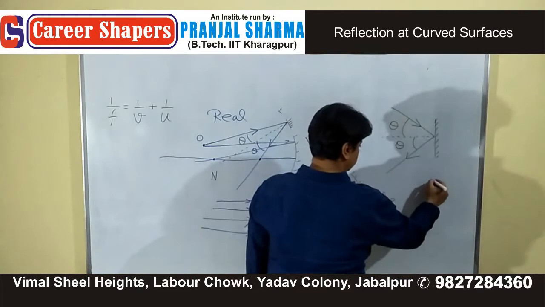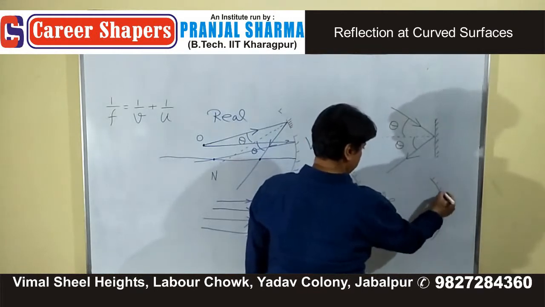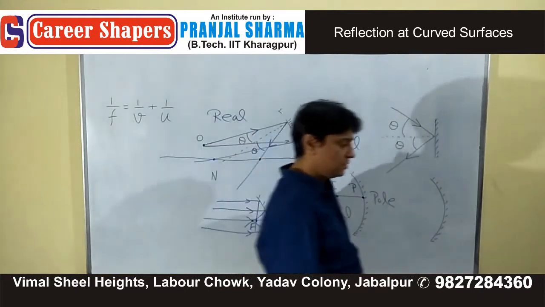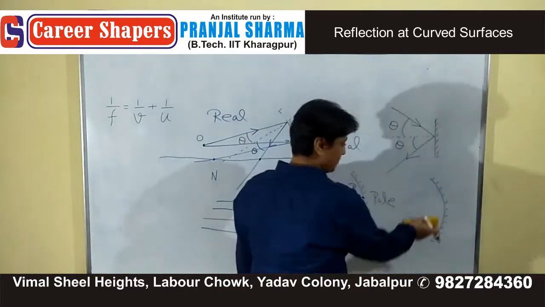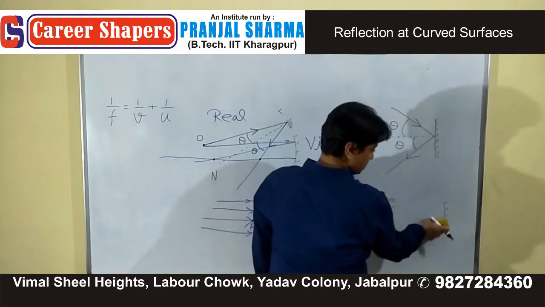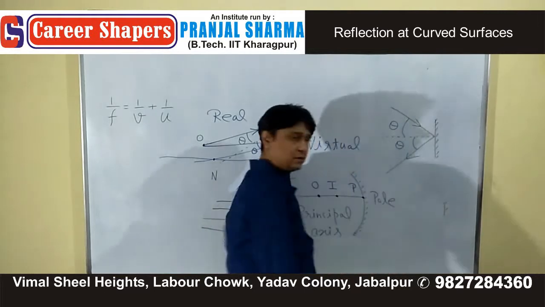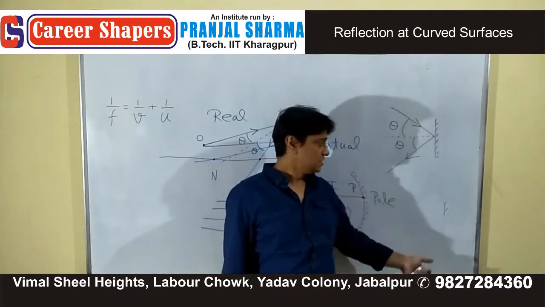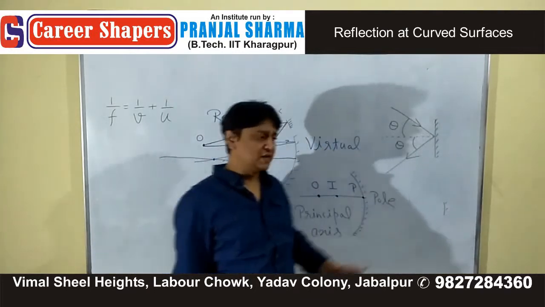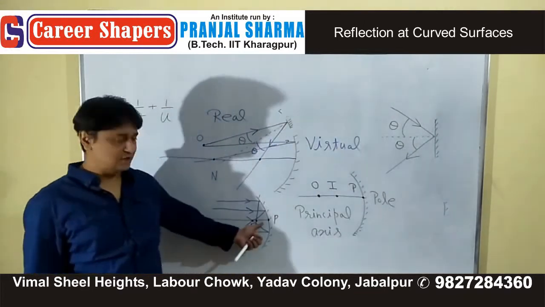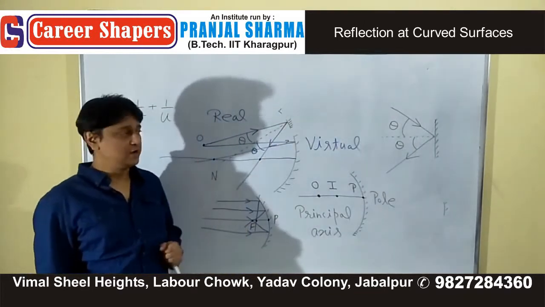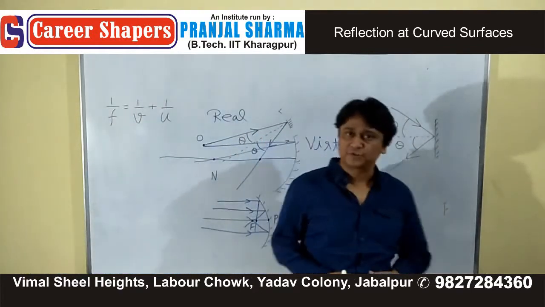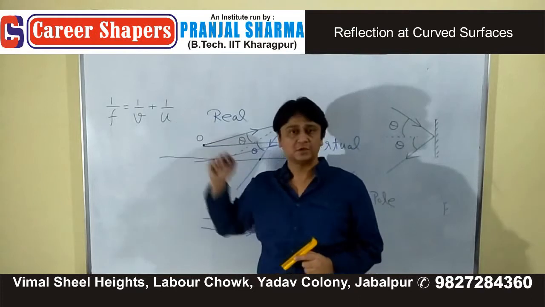Small aperture means instead of taking a large mirror, you confine yourself to a small portion of the mirror, not so small that it becomes a plane surface, but small enough so that we can consider all these intersections take place at a single point. Then we can use the concept of spherical mirror using this formula.